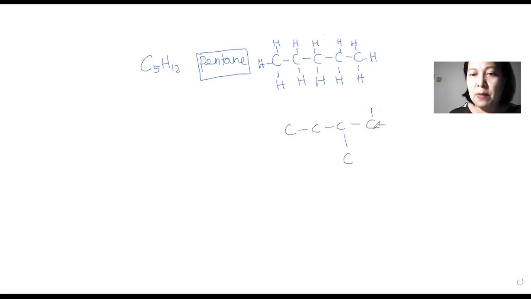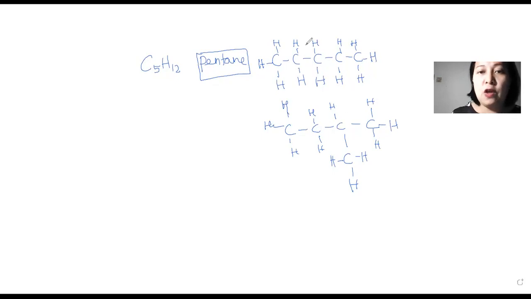Then we complete it. Okay. Now, when we have this kind of structure, how do we name it?